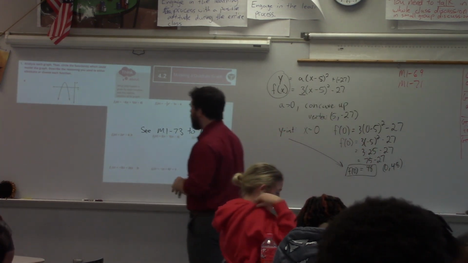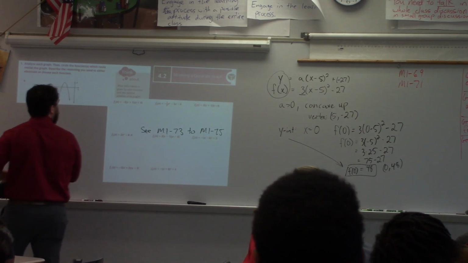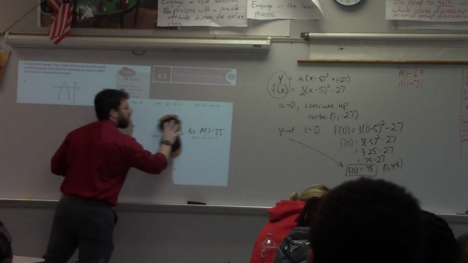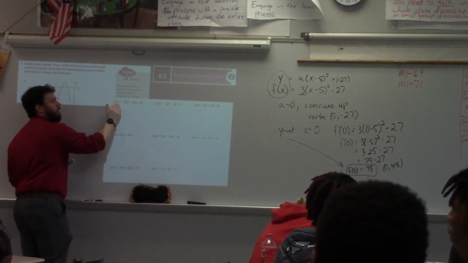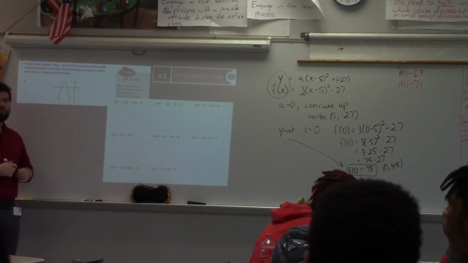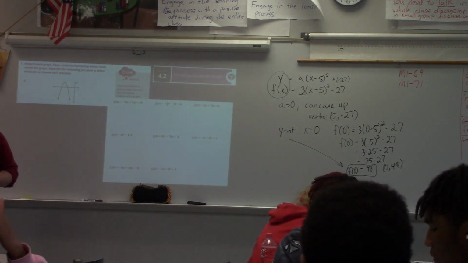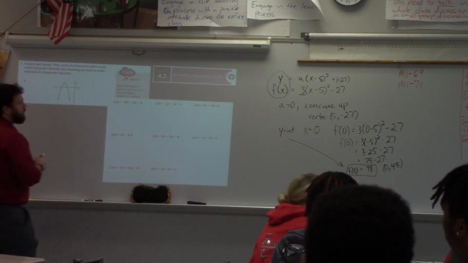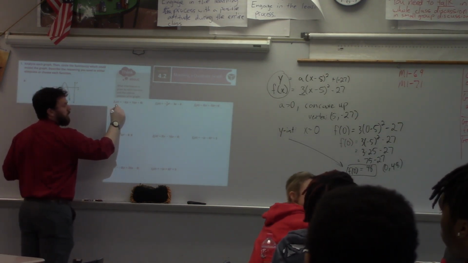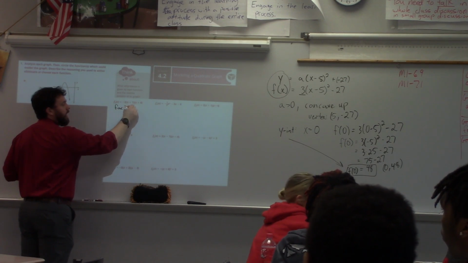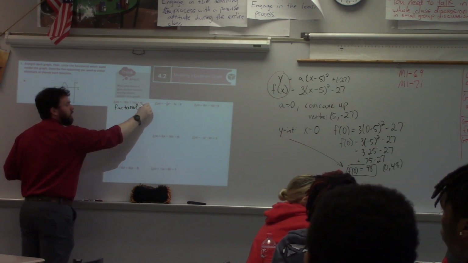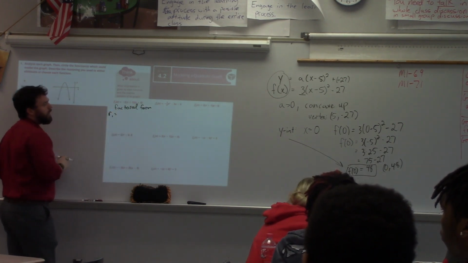So let's look at this first function together, f1 of x. What do you know about f1 of x, just looking immediately at the equation? If you're talking about R1 and R2, that's factored form. What would R1 be?